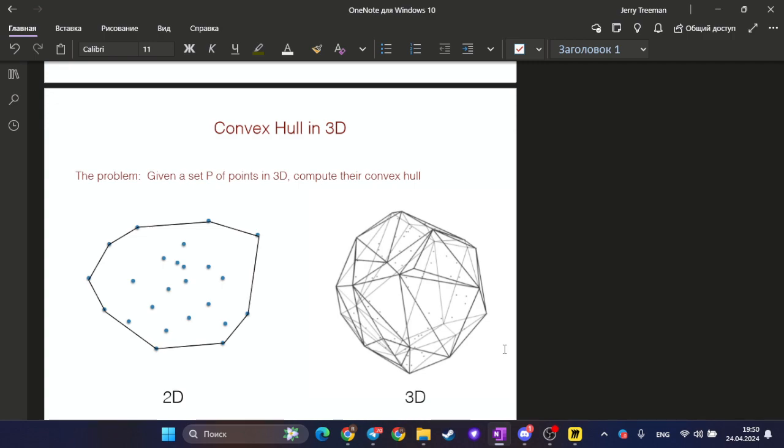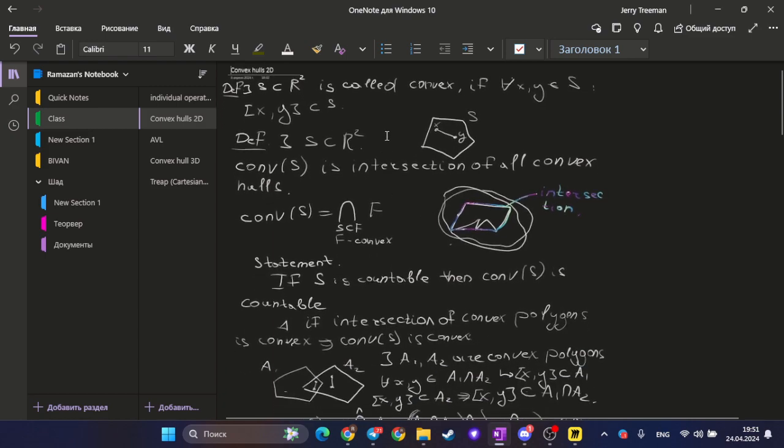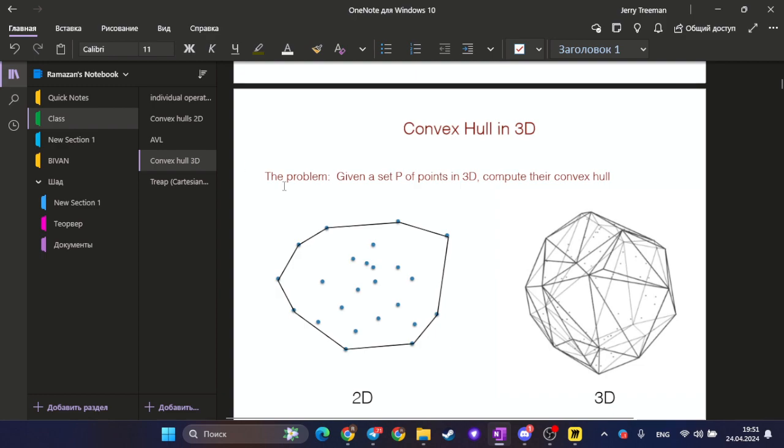We just replace 2 with 3 here and here, and we get correct definitions for convex hulls in three-dimensional space.